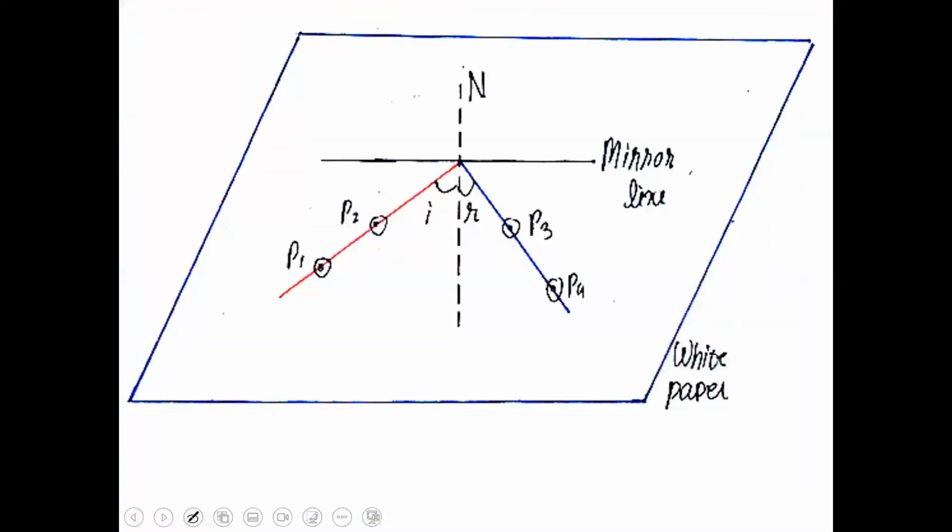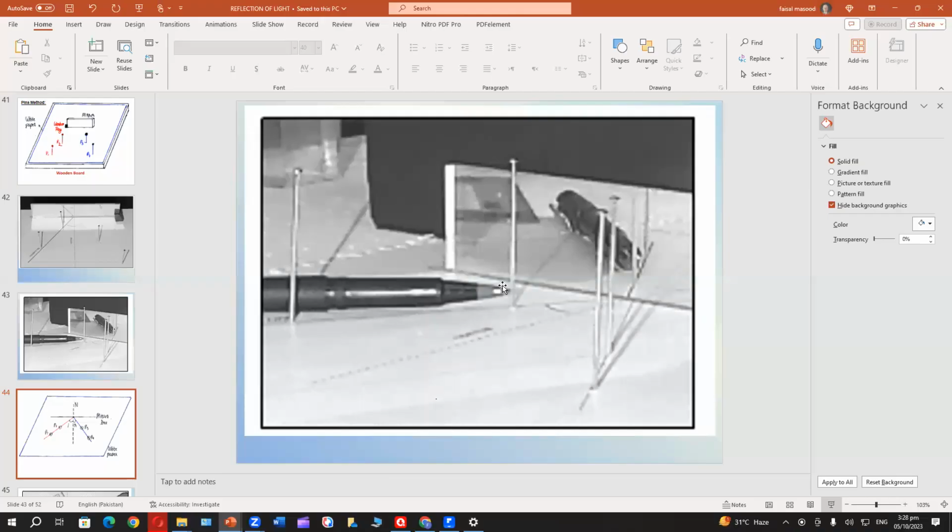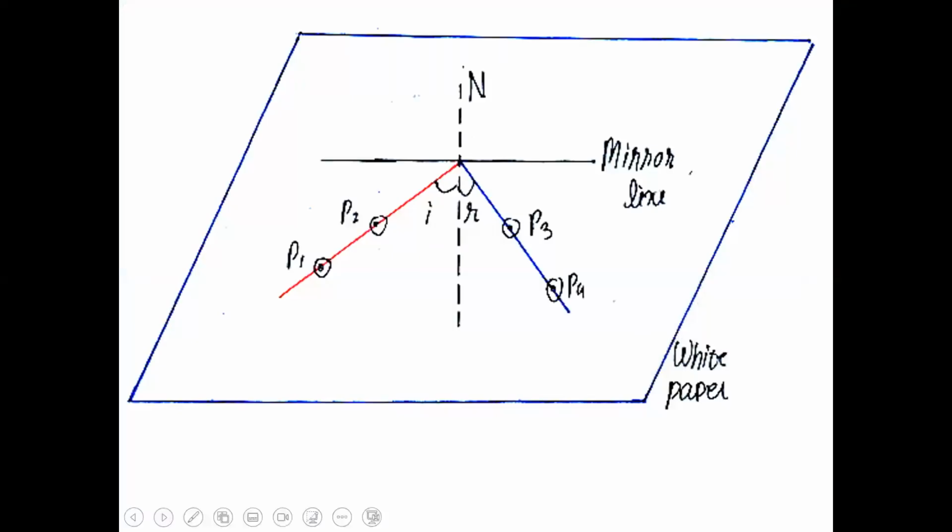Now remove the pins and join their positions by a sharp line.